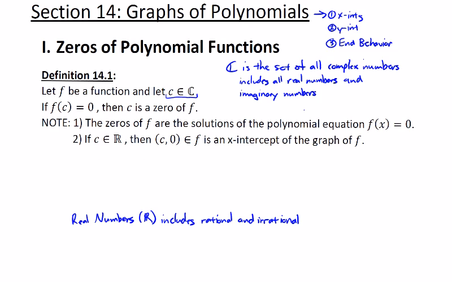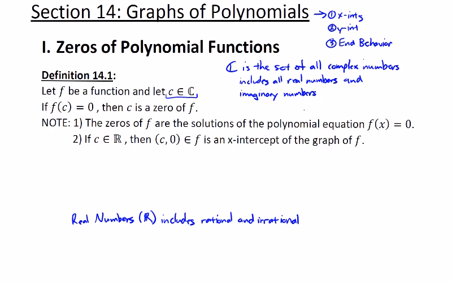Well, today that is going to change because we're going to be talking about imaginary things in this section. So that's what capital C, the double bar C, represents. It's the set of all real numbers and imaginary numbers all put together into one set. These are called complex numbers.